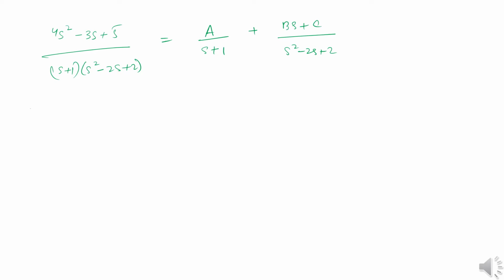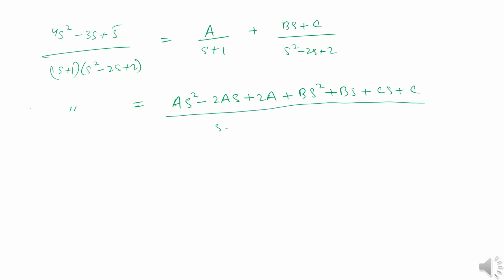Now I can take the LCM on the right hand side, and what I get is the function (bs squared plus bs plus cs plus c) and whole divided by (s plus 1) multiplied by (s squared minus 2s plus 2).